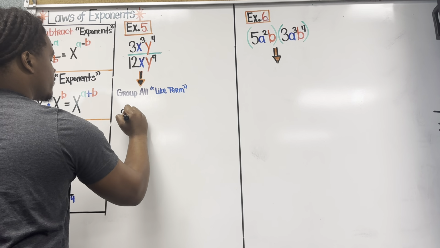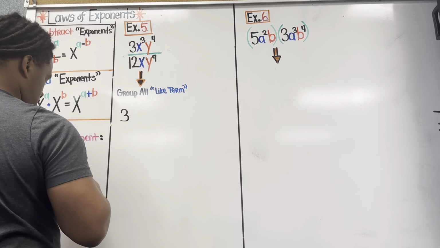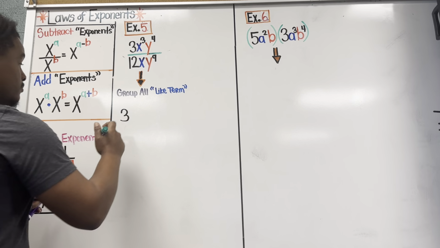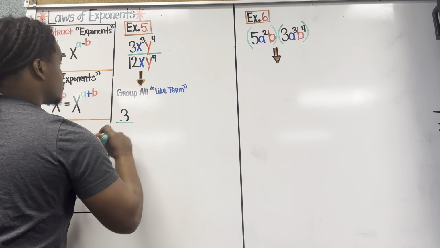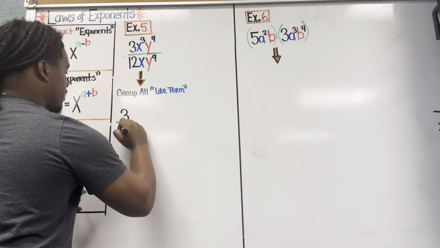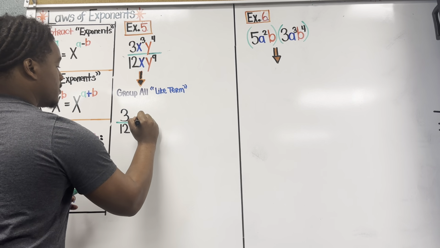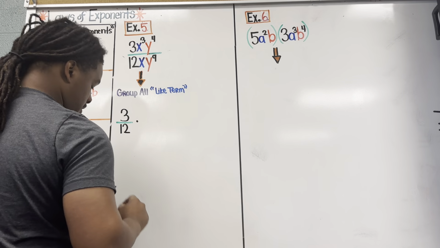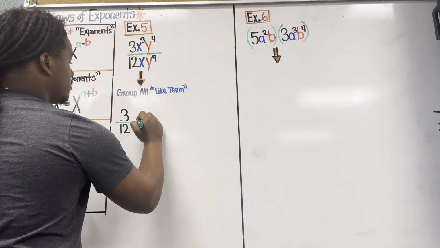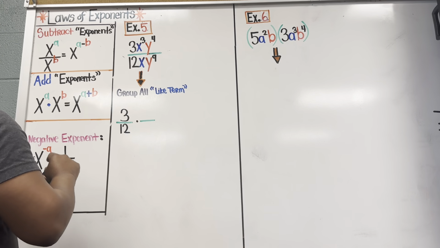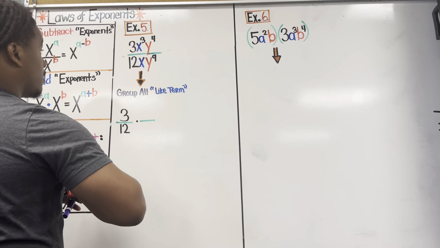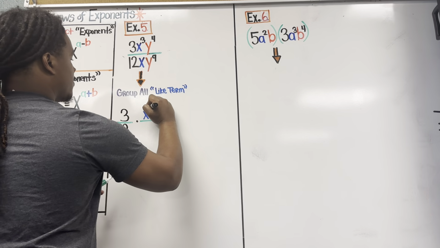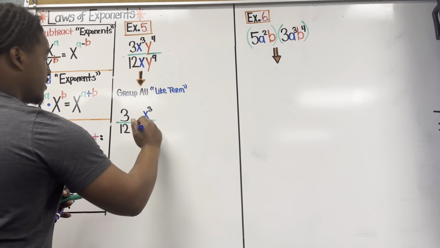So we got 3 divided by 12 times the next grouping, which is going to be the x's: x to the 3rd power divided by x.